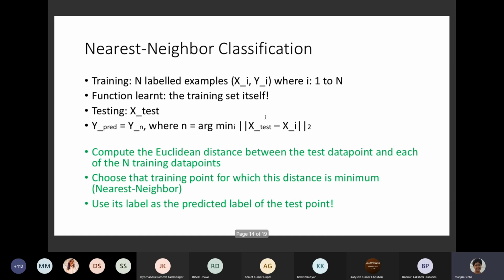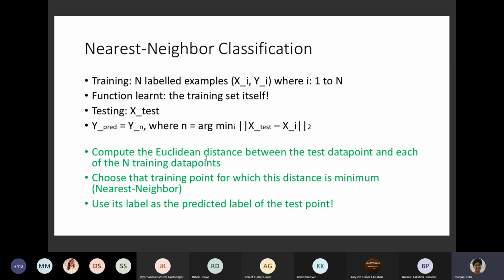Or to put it in simpler terms, we compute the Euclidean distance between the test data point and each of the n training data points. Say we have 100 training data points and we have a new test data point. So we compute the distance between this test data point and all the 100 training data points.